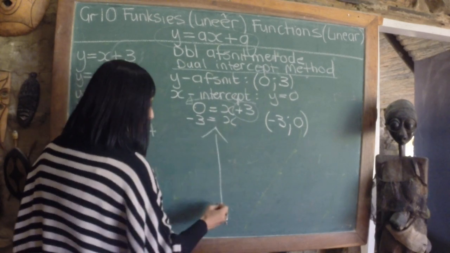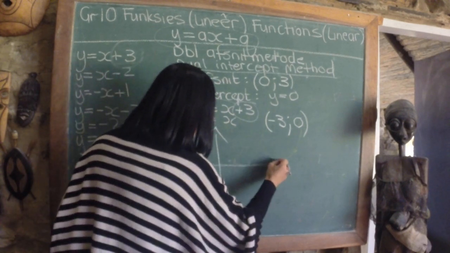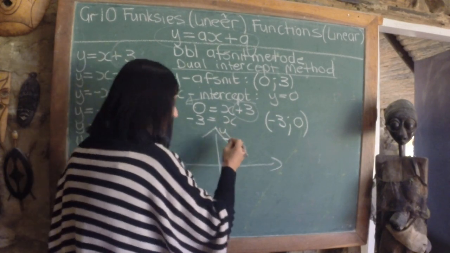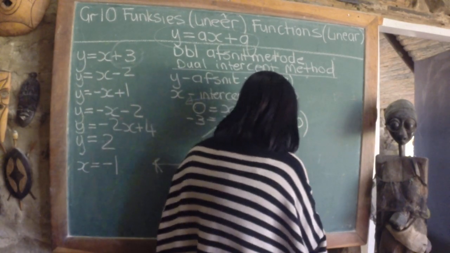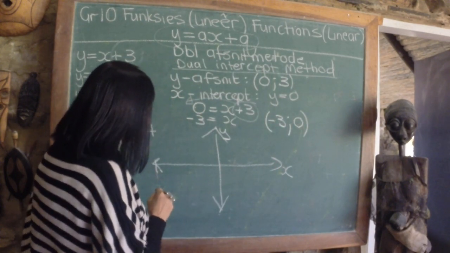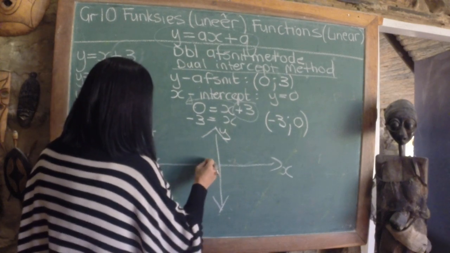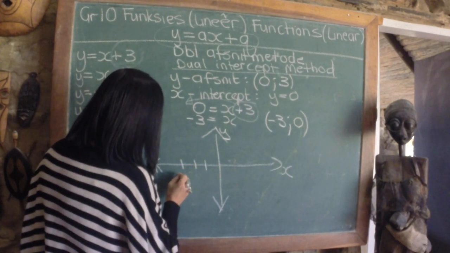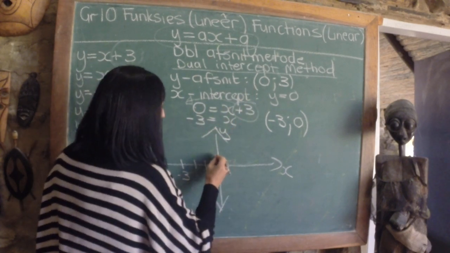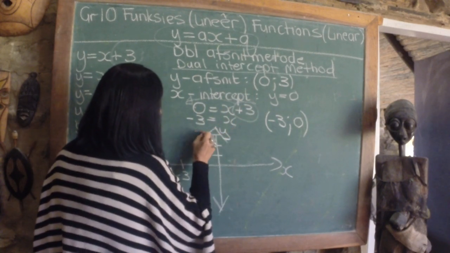So nou is dit baie maklik. Ons teken ons assestelsel. En al wat ons nodig het, is om ons assestelsel te benoem. Ons x en ons y assestelsel, en ons gaan kyk, ons wil x hê by minus 3, daar's minus 3, and the y value must be at plus 3.